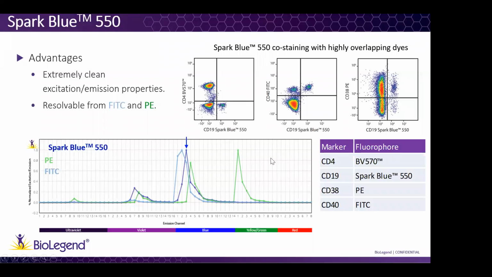And here is just an example of how Spark Blue is performing when co-staining with highly overlapping dyes. So you can see here with FITC or PE or BD570, you can resolve all the populations really nicely, even when you have double positive cells.